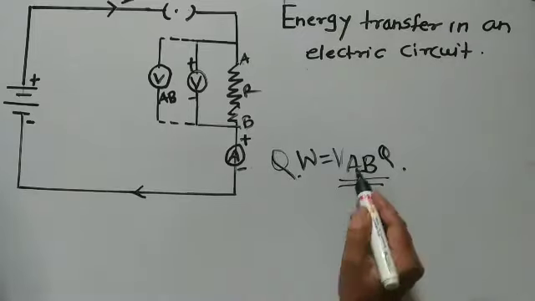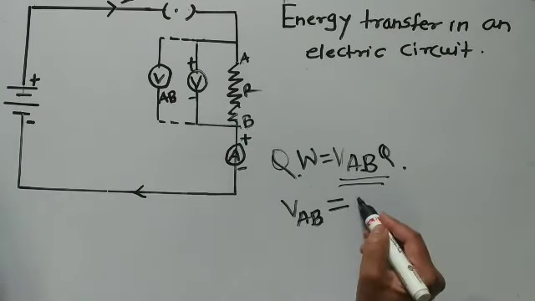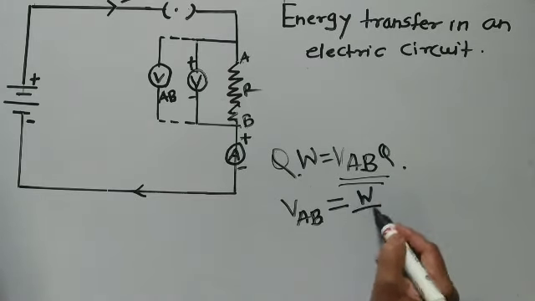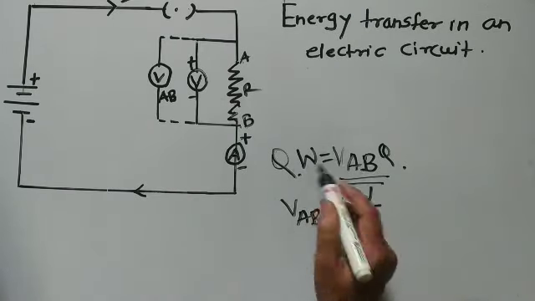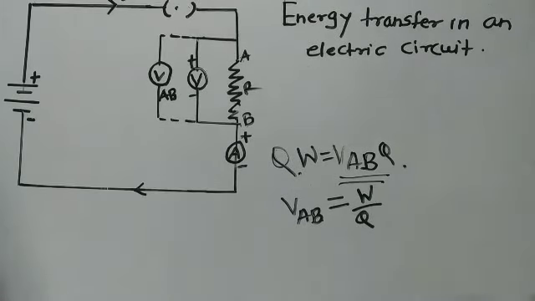Then VAB, the potential difference at points A and B, is equal to W upon Q. Rearranging this equation, W is equal to VAB into Q.